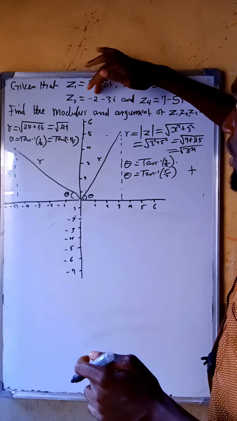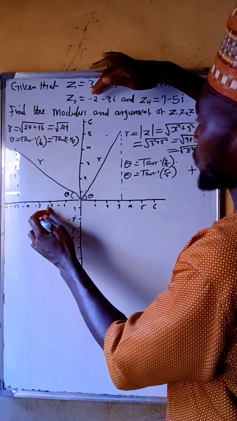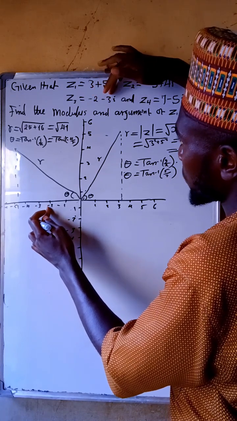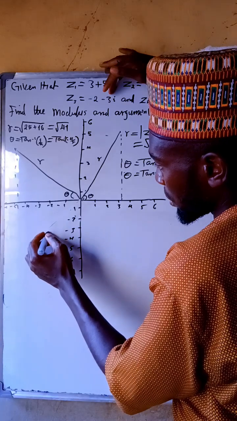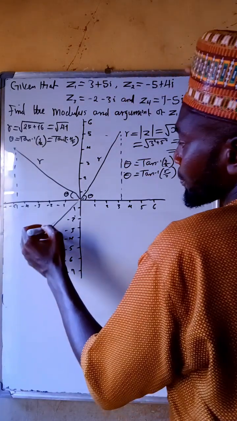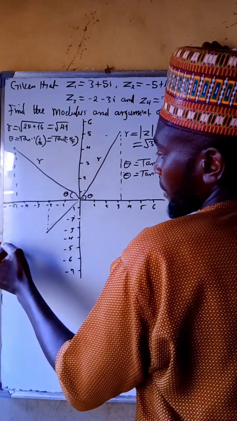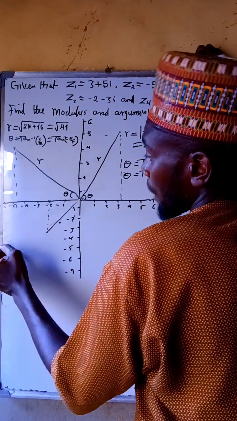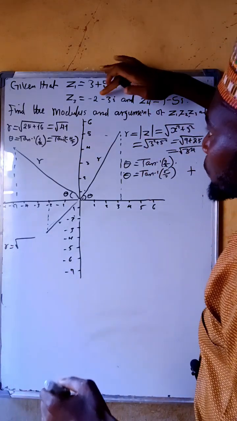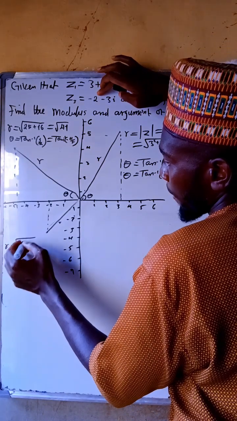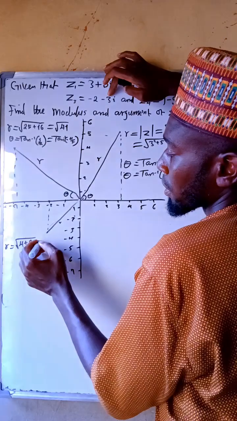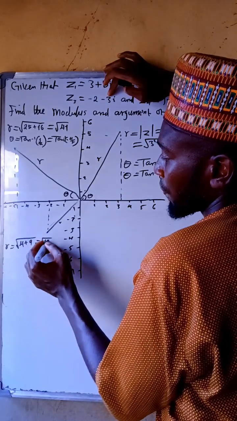We have our z3 is negative 2, negative 3i. The real part negative 2 is somewhere here, and the imaginary part negative 3 is somewhere here. Then from here our modulus r is equal to the root of 2 squared, which is 4, plus 3 times 3, which is 9, which is the same thing as the root of 13.